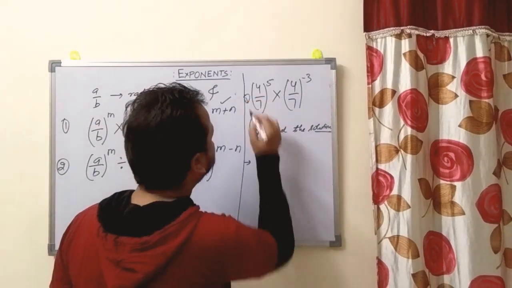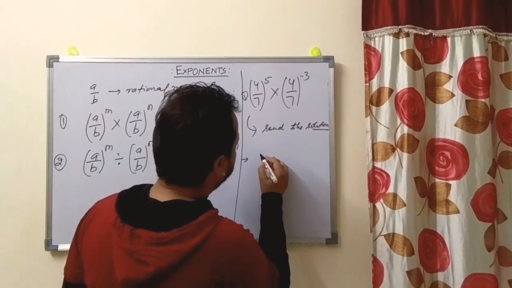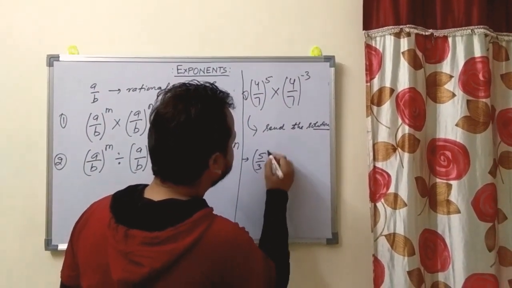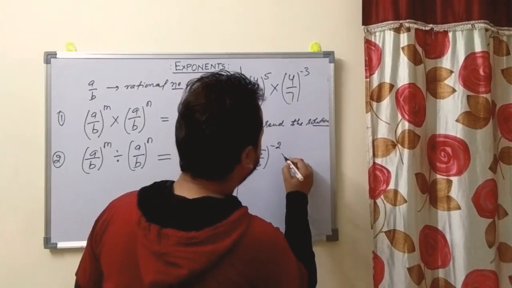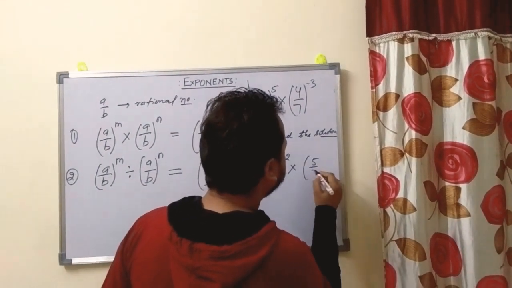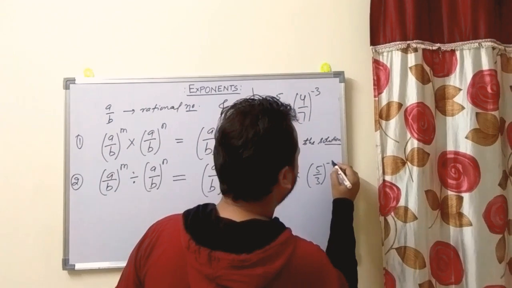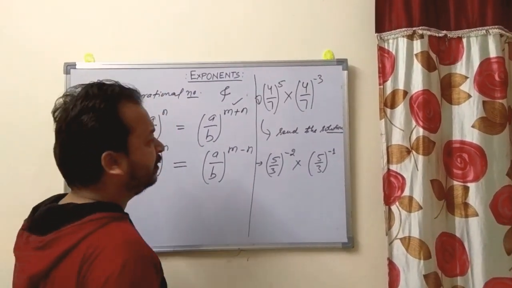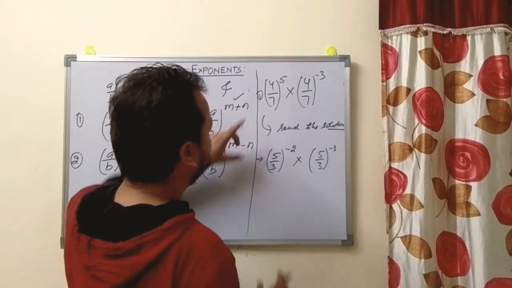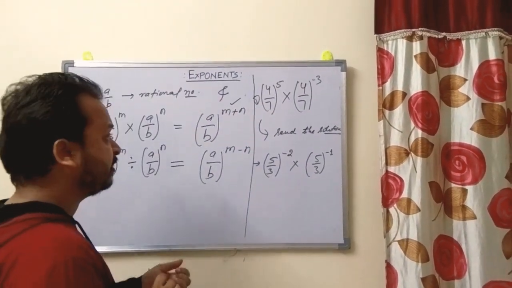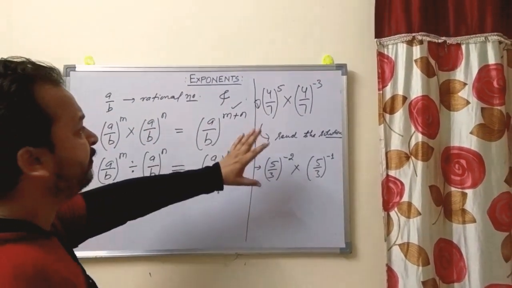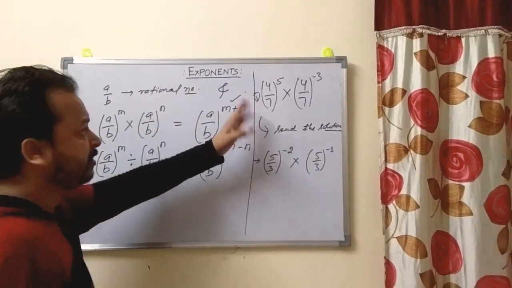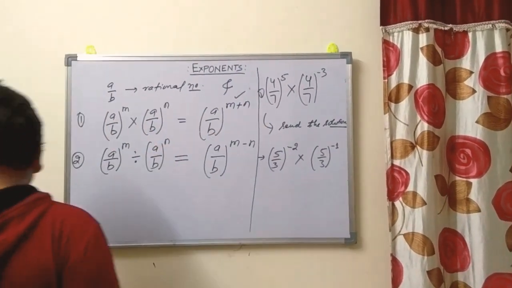Question is (5 by 3) power minus 2 multiplied by (5 by 3) power minus 1, and send the solutions of both the questions to me. So we have discussed all the possibilities of the first formula.